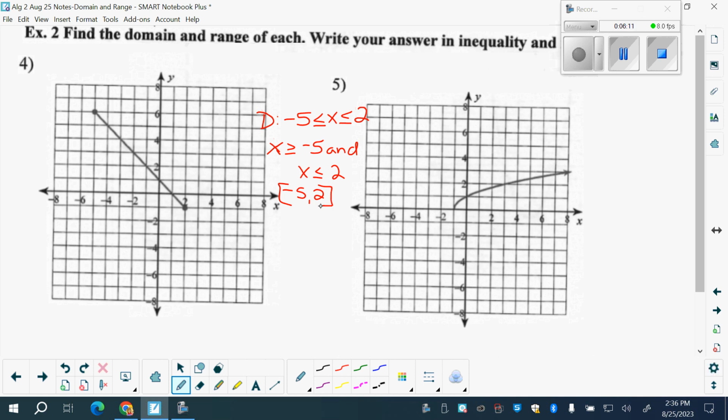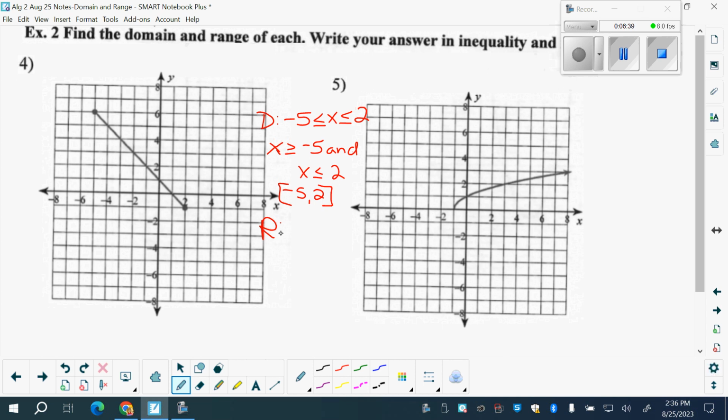Okay, so what about the range on this one? Range, remember, is the y's, which are what directions? Up and down. So what would the range be? Can you tell us what the range would be on this one? Up and down.